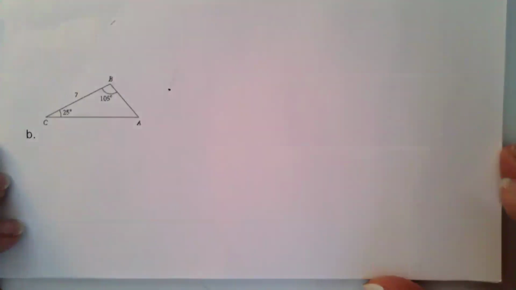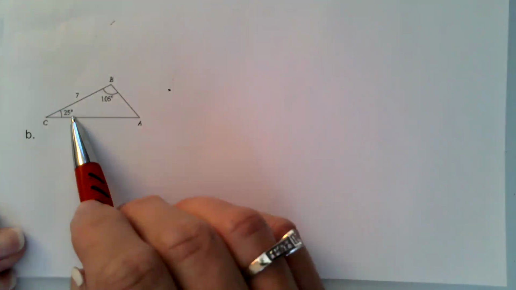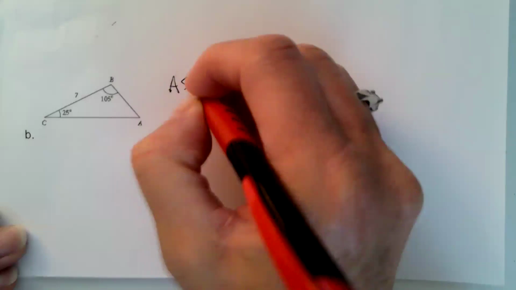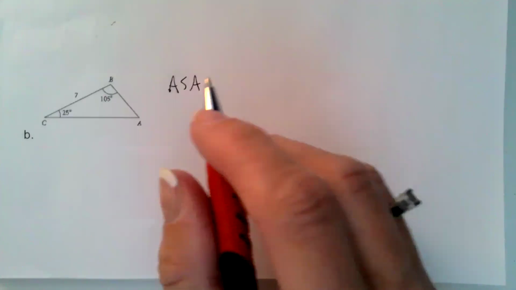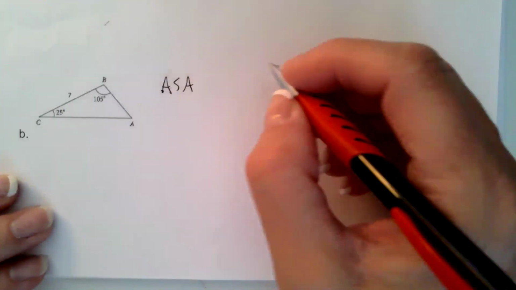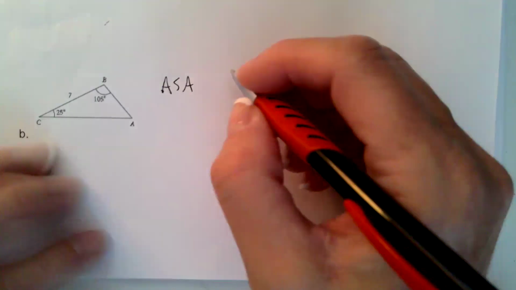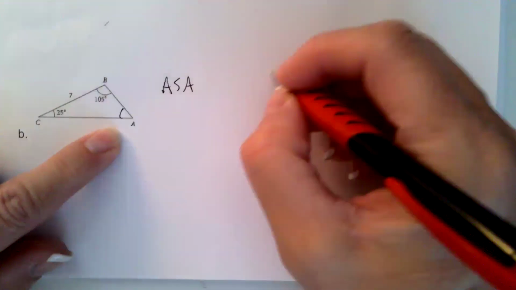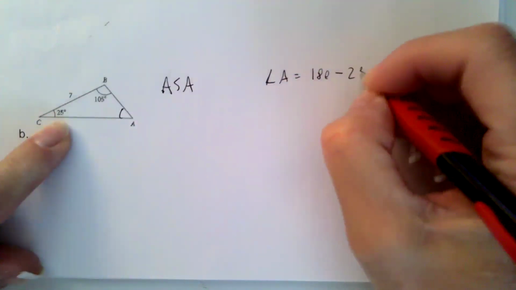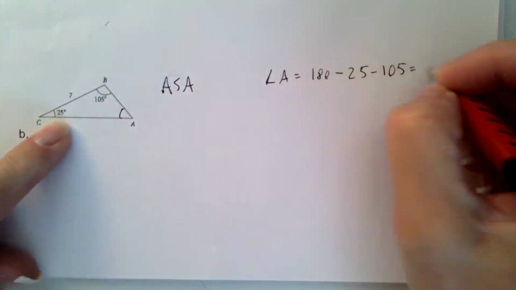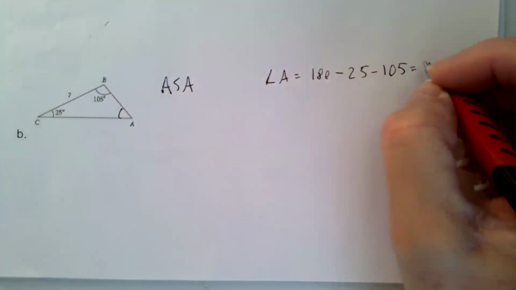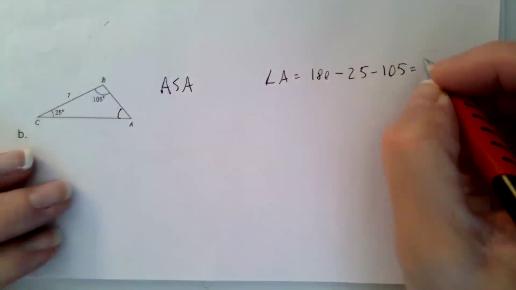Now for the next example, we have a side, an angle, side, angle. So we have angle, side, angle. It's always good to write down what you have here. So again, we can find angle A by subtracting 25 and 105 to get angle A as 50.